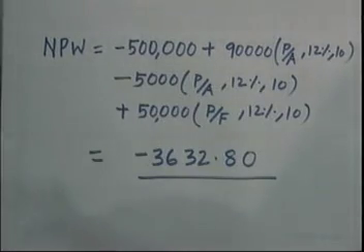Now, I will perform a similar type of analysis on other variables also, but one at a time. So, I may change my interest rate from 12% to maybe 10% or maybe 14%, and I will see whether my decision has changed or not.